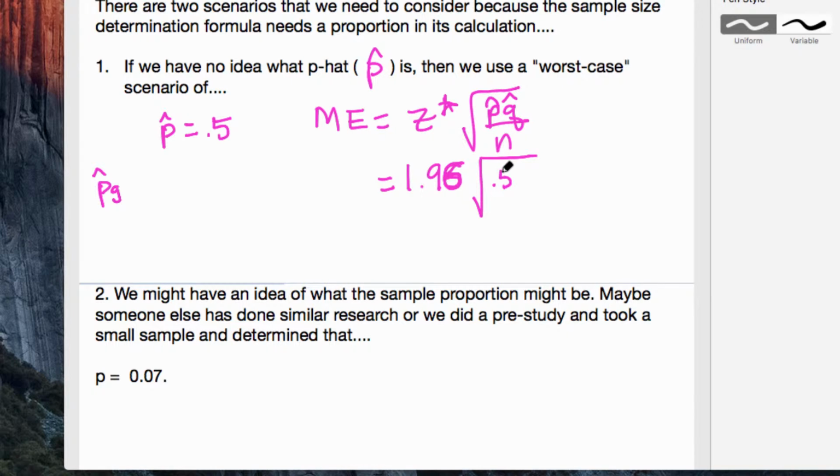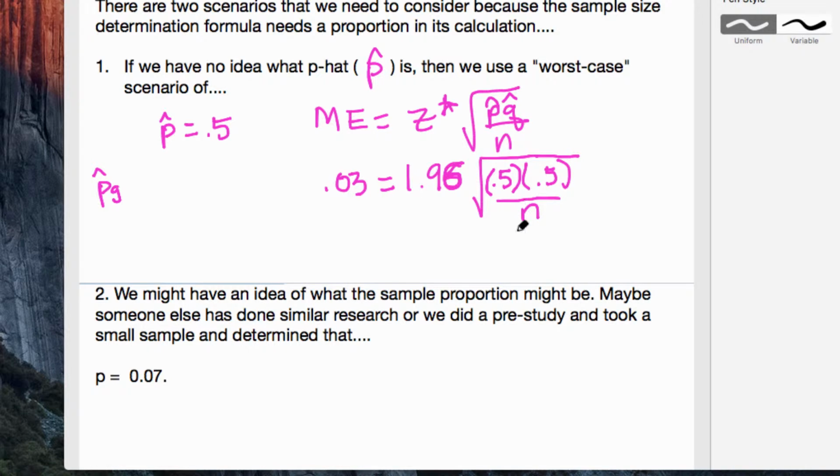Well, we guessed it was going to be 0.5 because we had no idea what the sample proportion might be. Q hat is the complement, so that's also 0.5. And then divide by n. Oh, and well, we know what our margin of error is. It's 0.03.